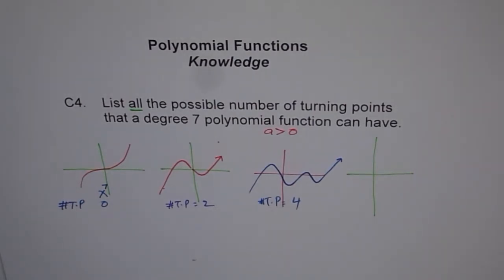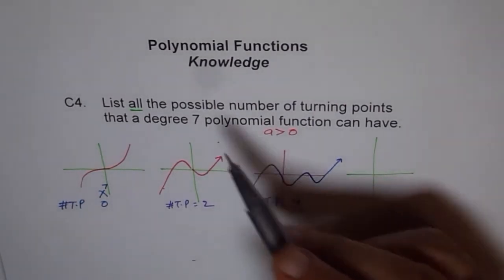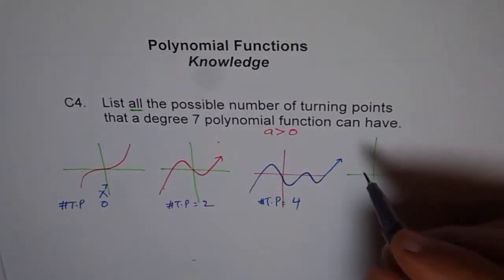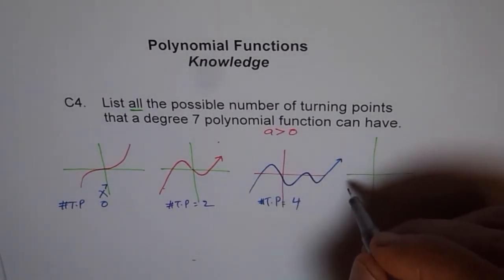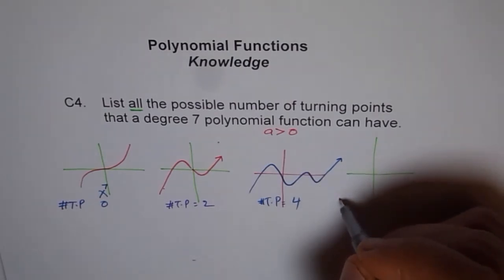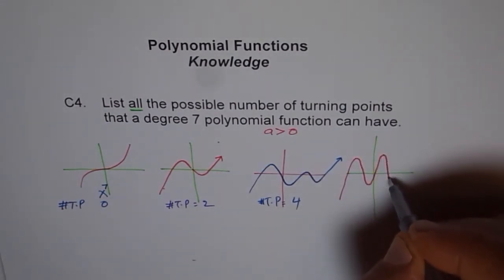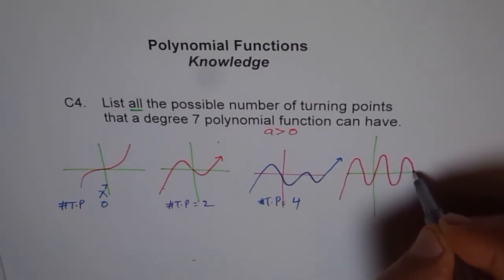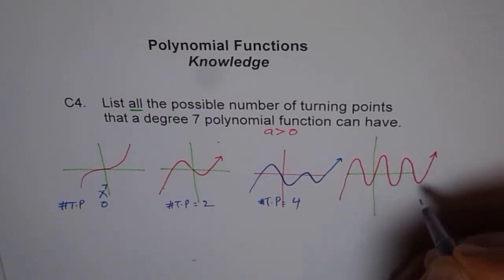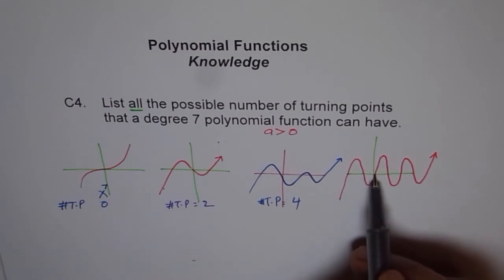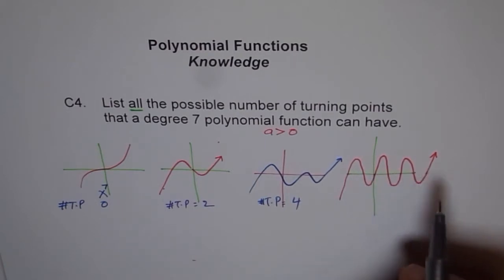And last, we cannot go more than 7. So let's see how many turns. 1, 2, 3, 4. So 1 turn, you have to turn again. You have to turn again. Like this. 1, 2, 3, 4, 5, 6, 7.